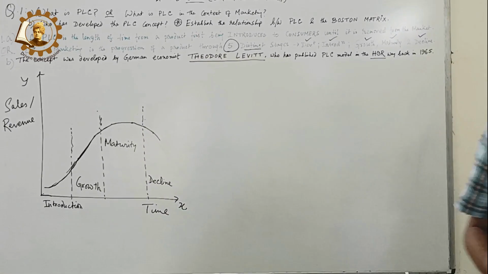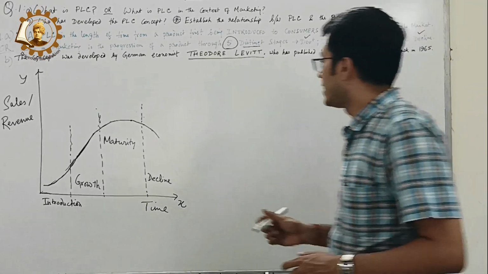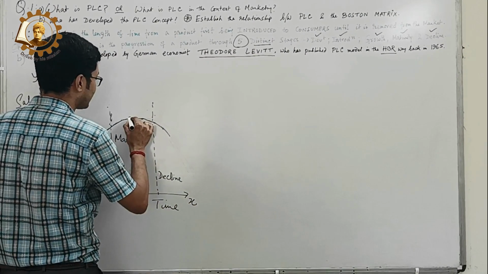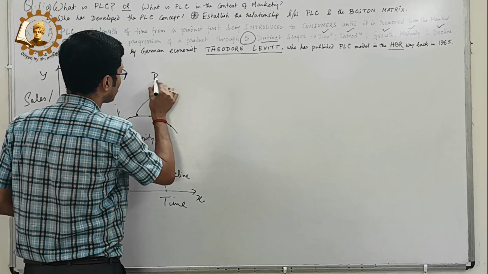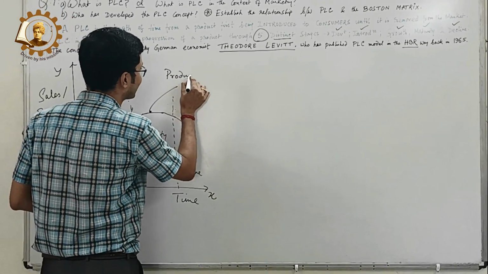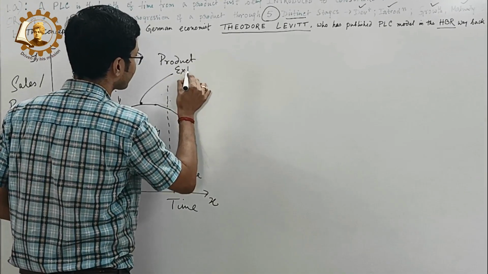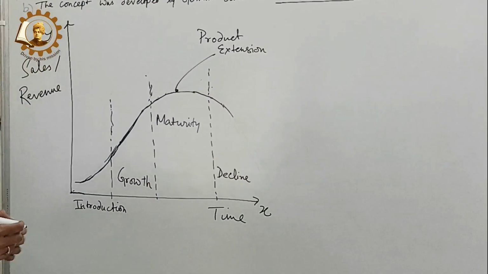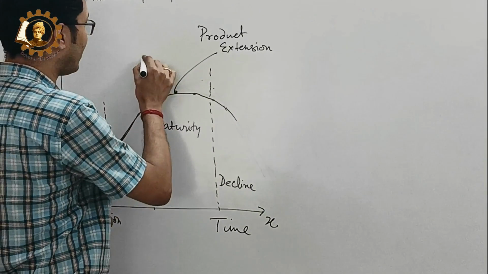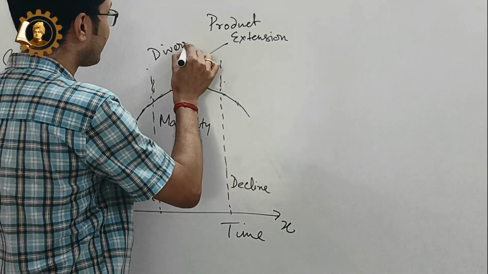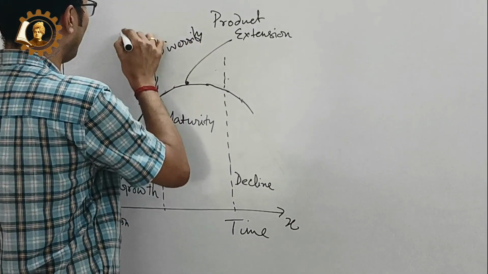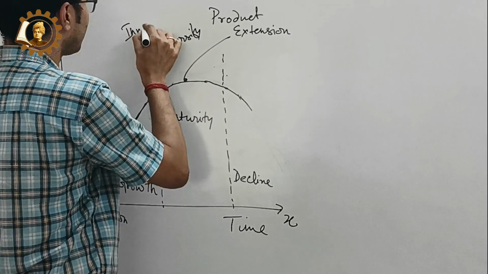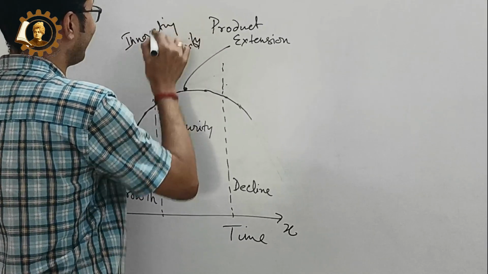Okay. So now, if we talk about this here in the maturity phase, what happens is most of the companies go for product extension. What do they do in product extension? They generally start diversifying and innovating new products.